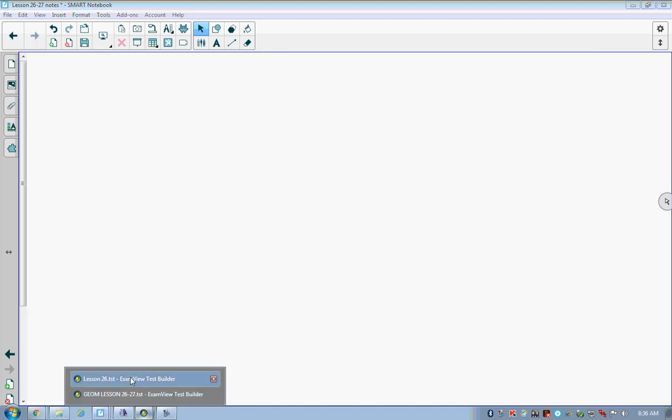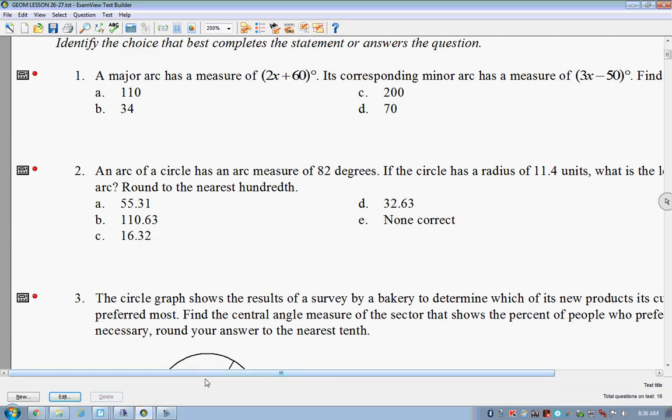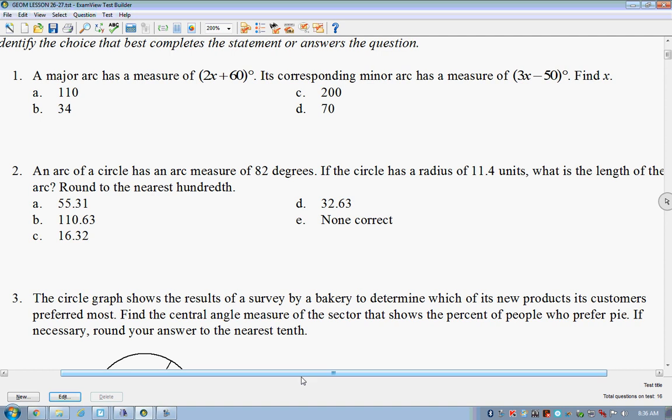So let's go ahead and get into some questions. By far, the lesson 26 stuff is going to be the easier stuff. A major arc has a measure of 2x plus 60. The corresponding minor arc has a measure of 3x minus 50.